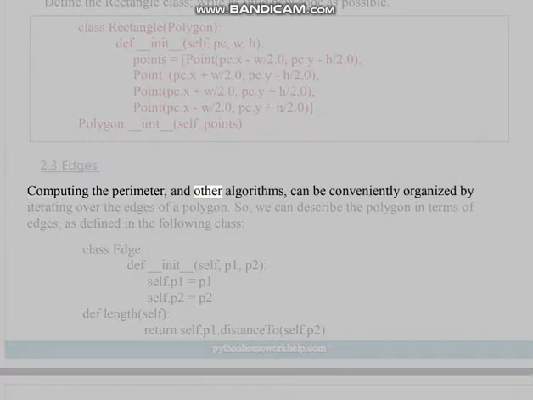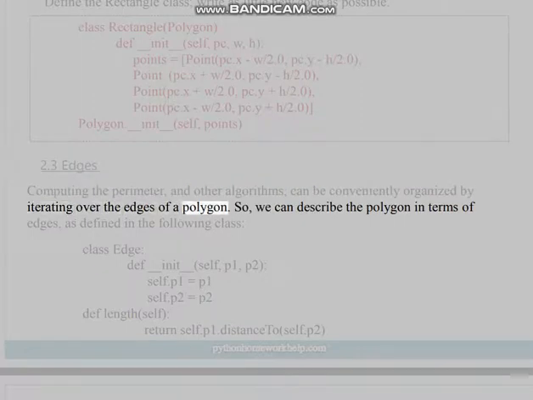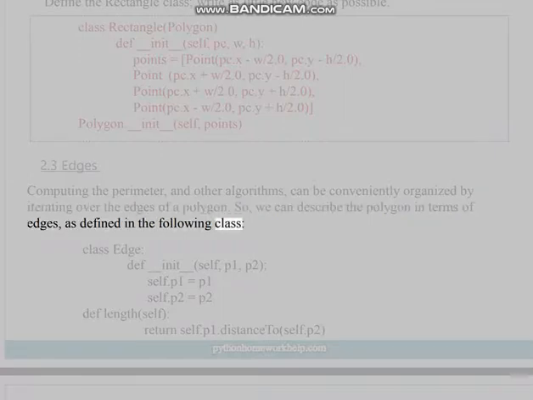Computing the perimeter and other algorithms can be conveniently organized by iterating over the edges of a polygon. So, we can describe the polygon in terms of edges, as defined in the following class.